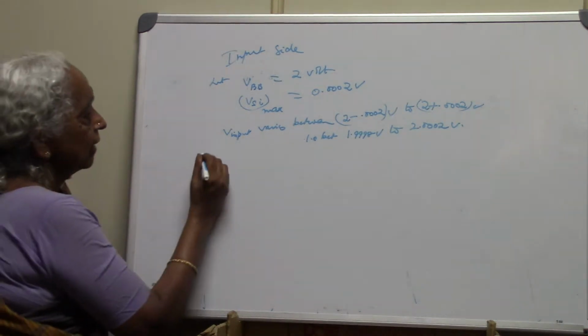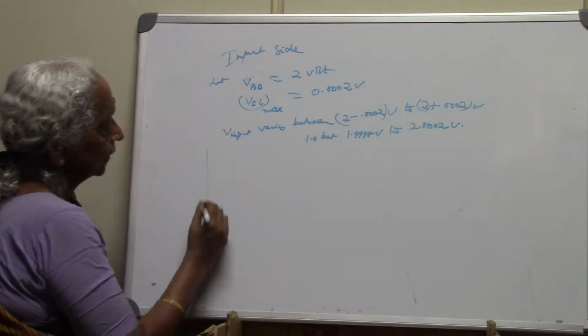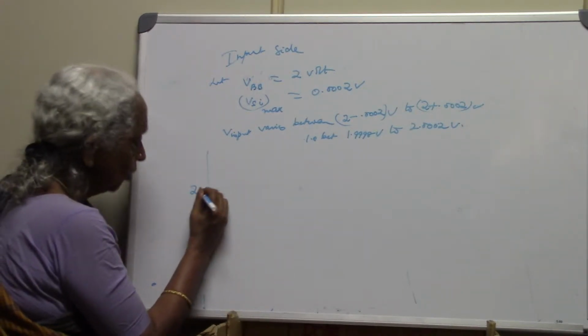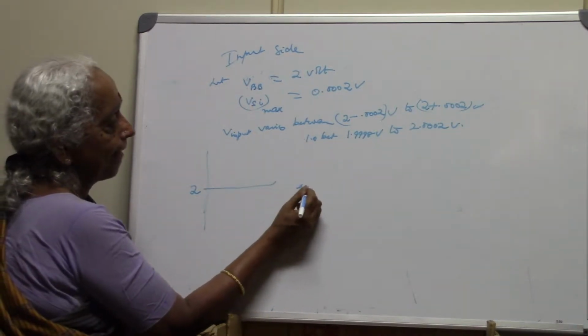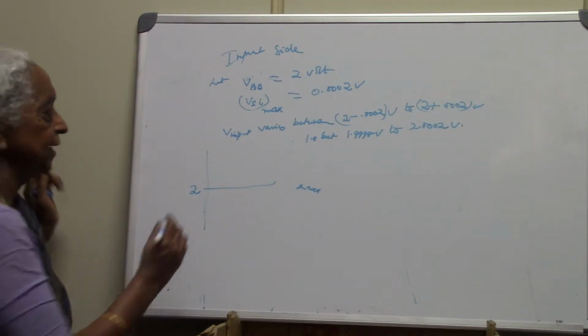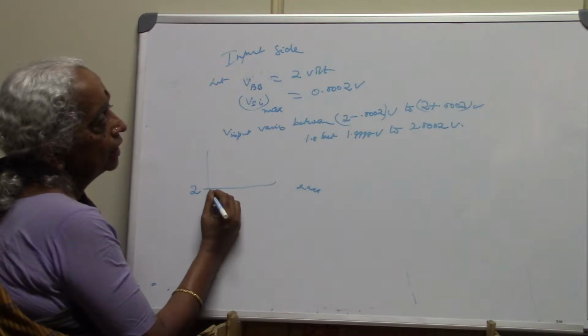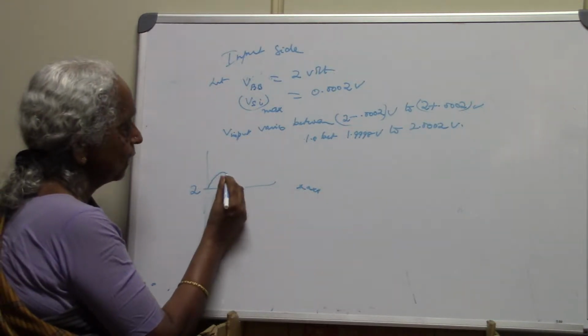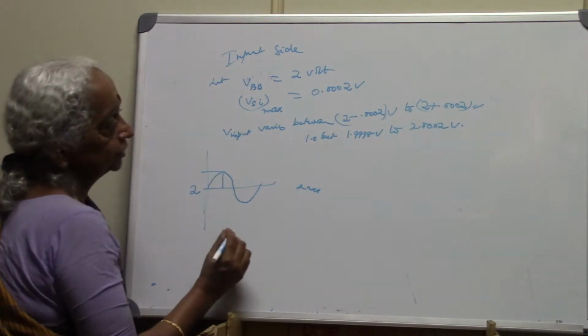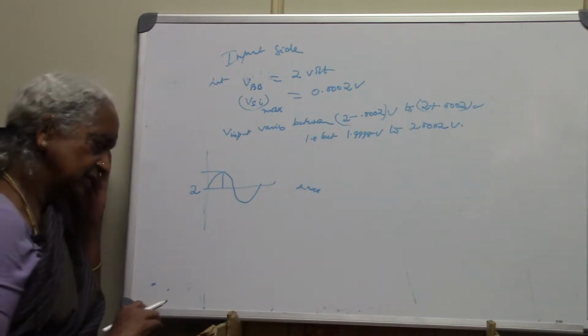So if you draw a graph with 2 volts as the x-axis, the maximum value is going to be 2.0002 like this, and the minimum value is going to be 1.9998.